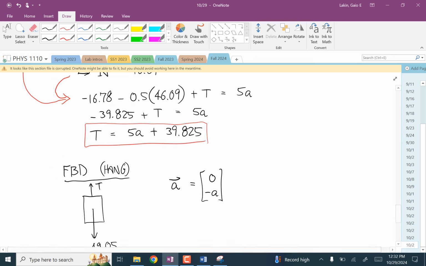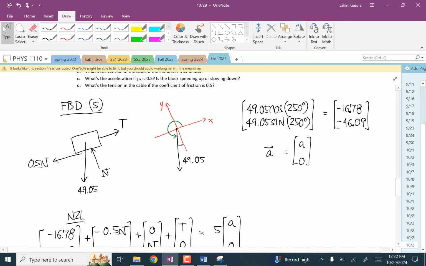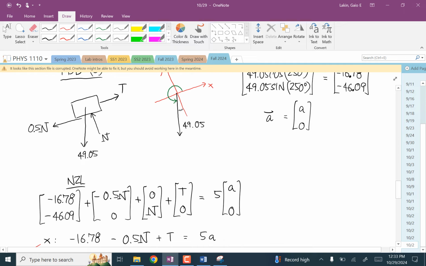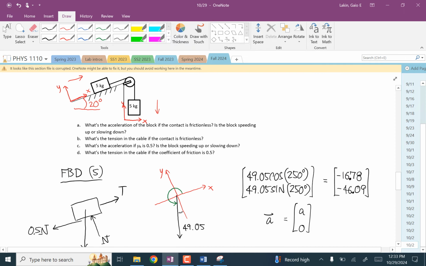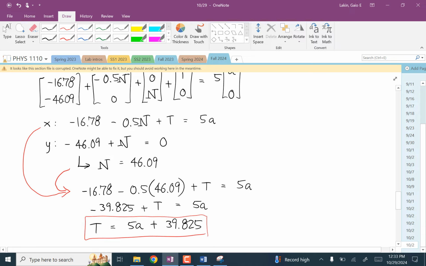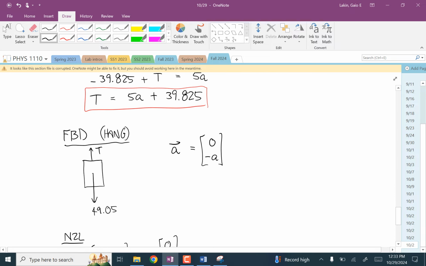And so now you can go back and calculate the acceleration vector of either one of these. We know that a is positive, which means the sliding one is going to be going in the positive x, and the hanging one is going to be going in the negative y.